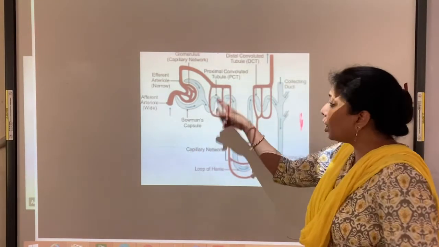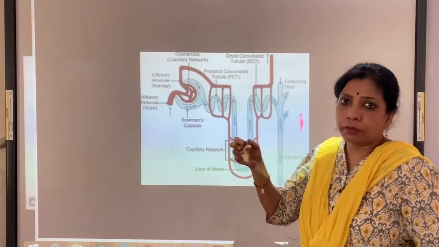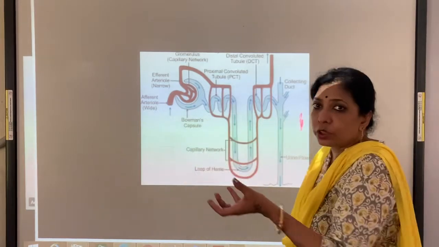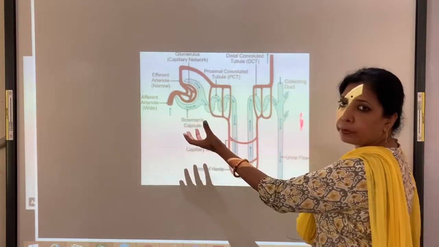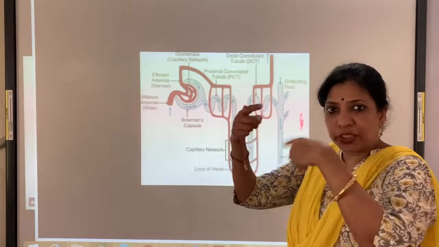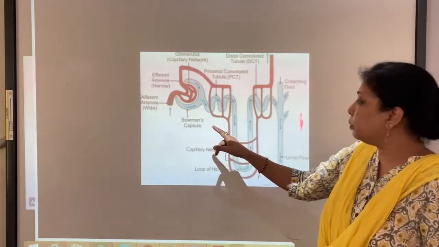So in the proximal tubule, the proximal convoluted tubule, you try to understand. Proximal means closer. Closer to what? Closer to this filter cup, Bowman's capsule. Convoluted means twisted, twirled. So this is the proximal convoluted tubule.